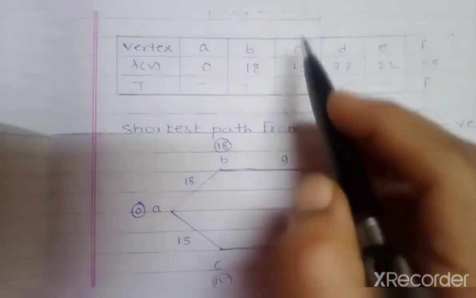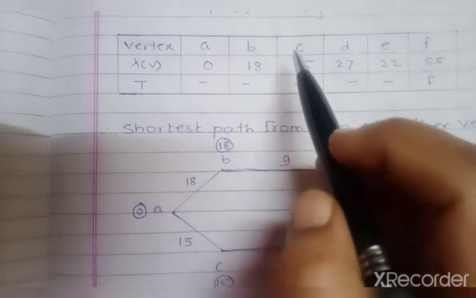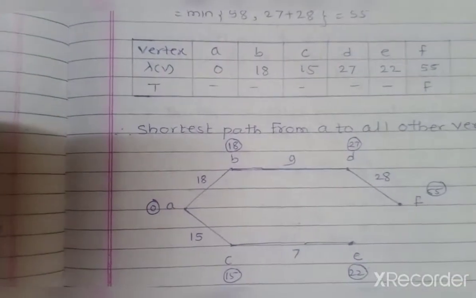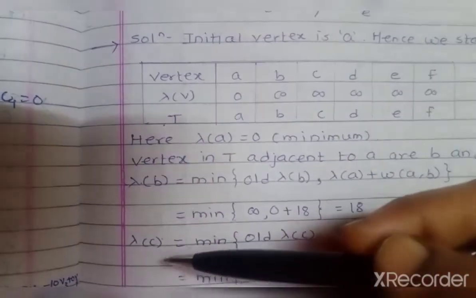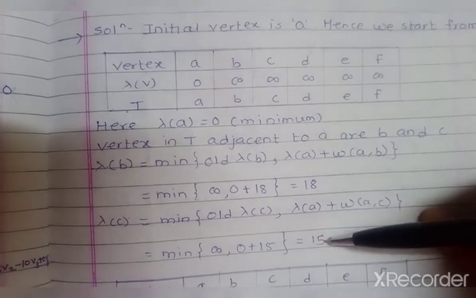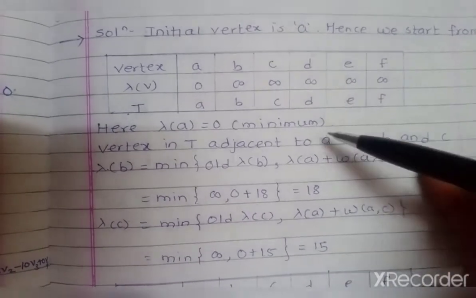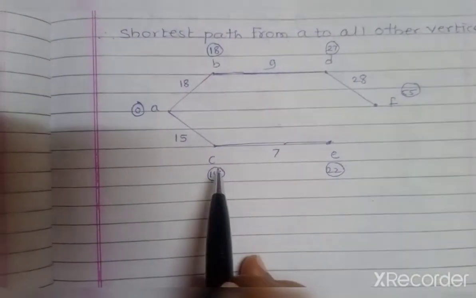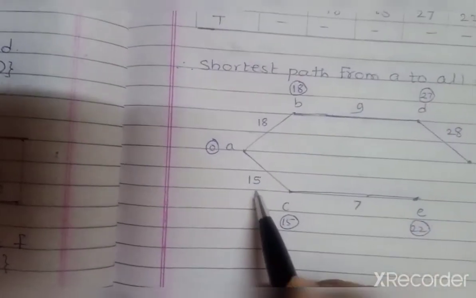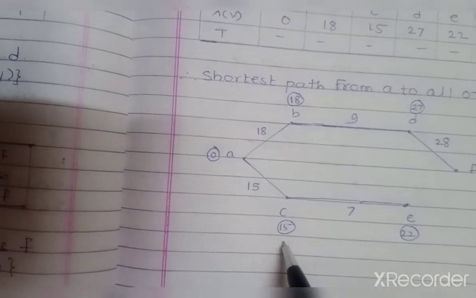So check at which position we get lambda of C equal to 15 the first time. Its value is 15, and that C is the adjacent vertex of A. So we plot here A to C. Its weight is given here, 15, so we write down 15. 0 plus 15, so up to this one is 15.